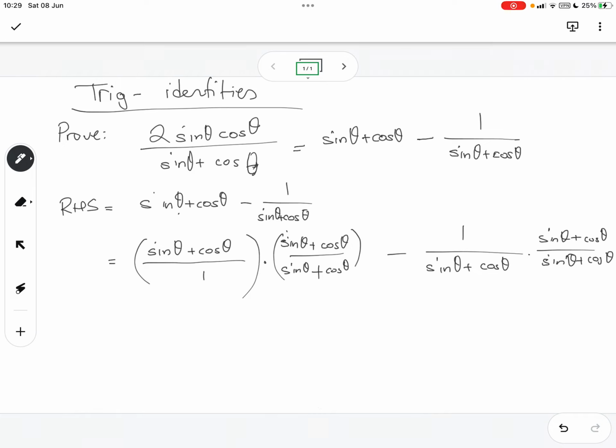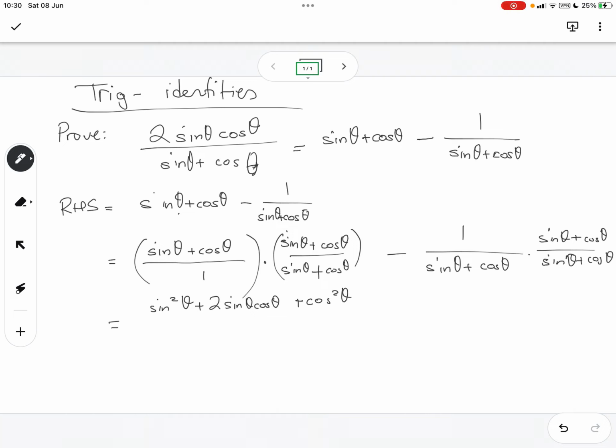Oh, it's supposed to be sine theta plus cos theta, to keep it consistent. So we're not really changing anything, we're just multiplying the terms that we have by 1.